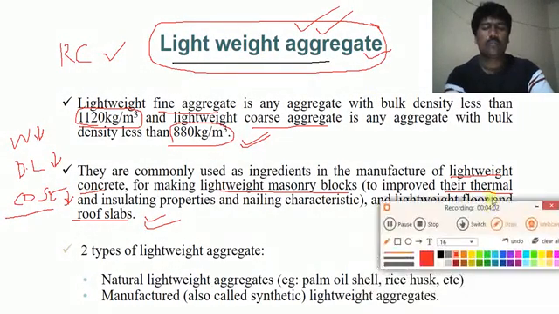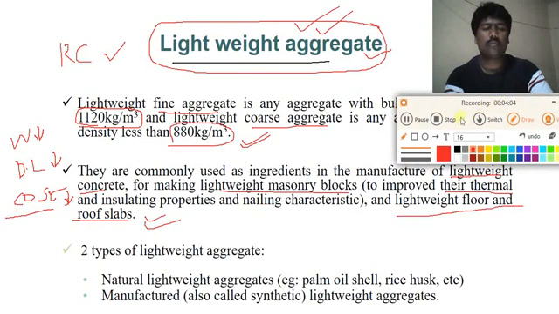So these lightweight aggregates are normally of two types. One is natural lightweight aggregate and manufactured lightweight aggregates. If you see the natural lightweight aggregates, the examples for natural lightweight aggregates are the palm oil shell, means the shell that we are having for the palm oil, coconut for example.